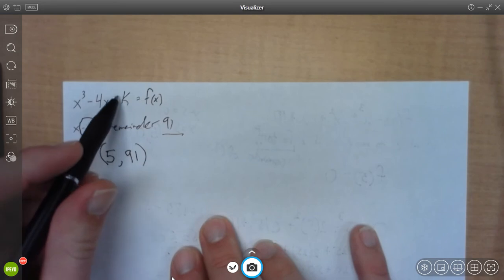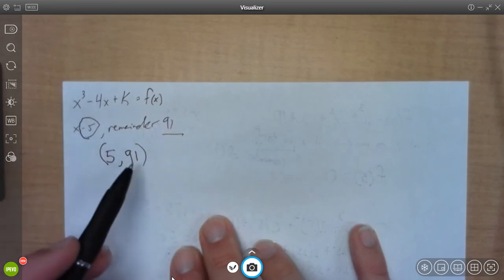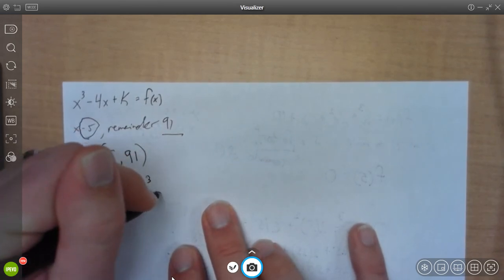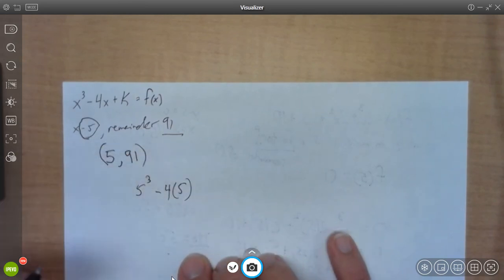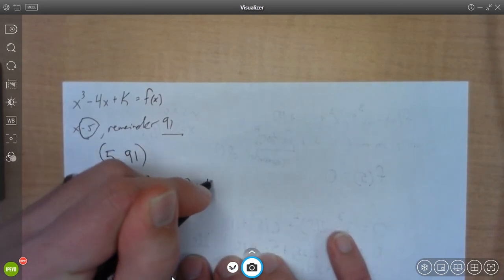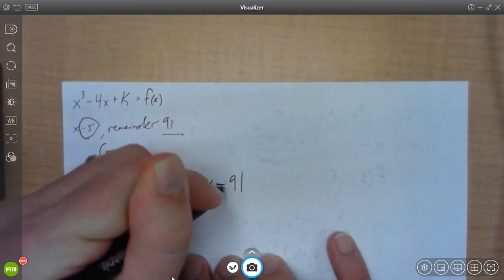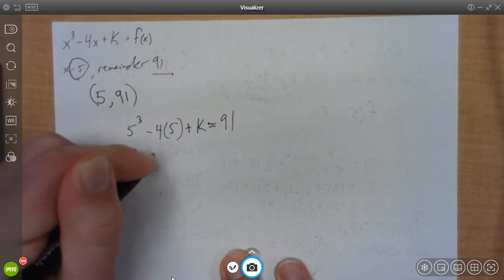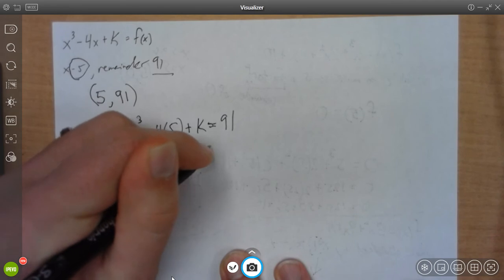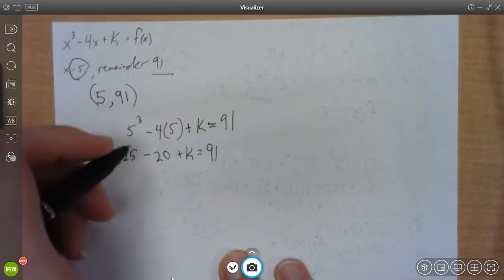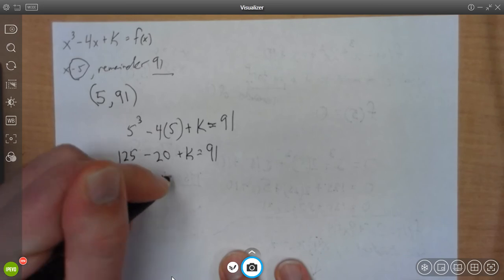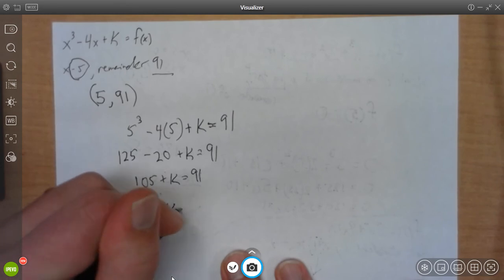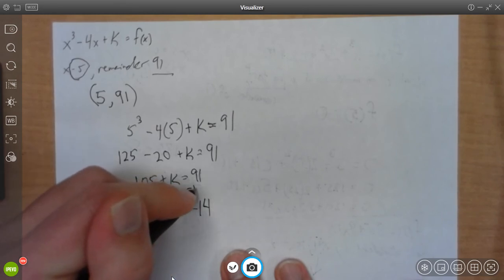Let's figure out what value of k makes this equation true when we substitute in 5 for x, 91 for f of x. Okay, so we've got 105 plus k equals 91. Subtracting away 105 tells me k is going to be negative 14.